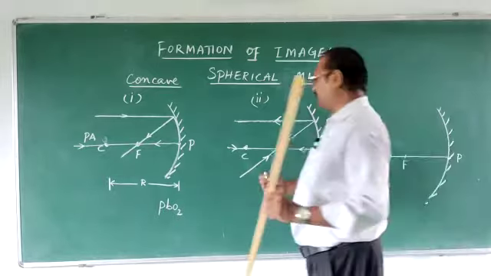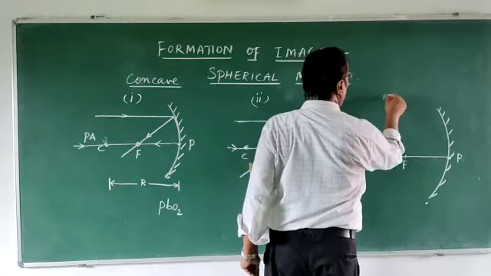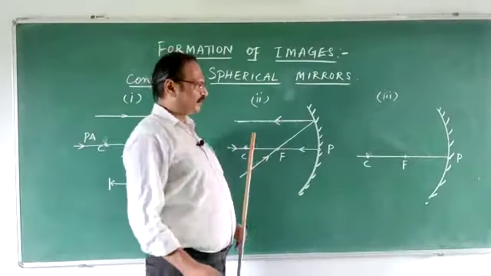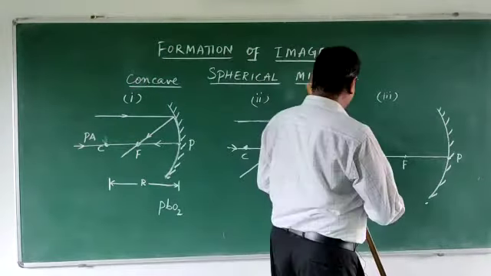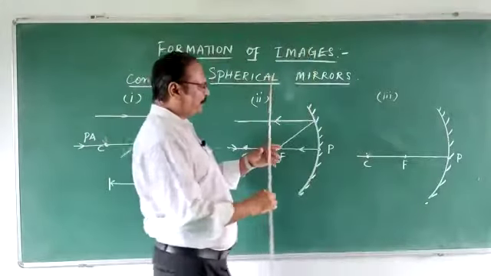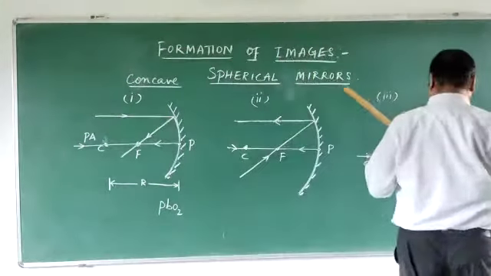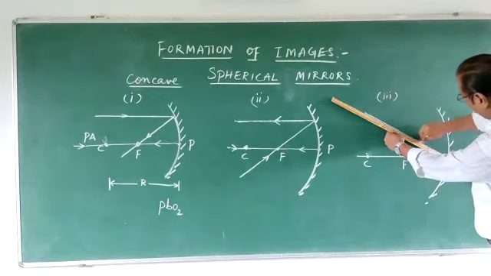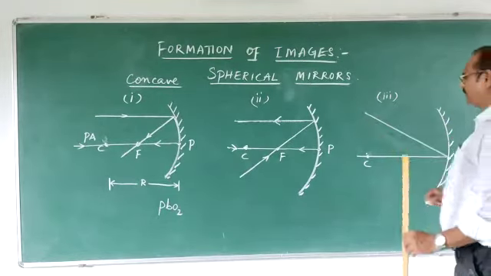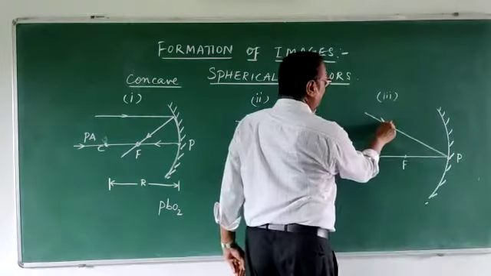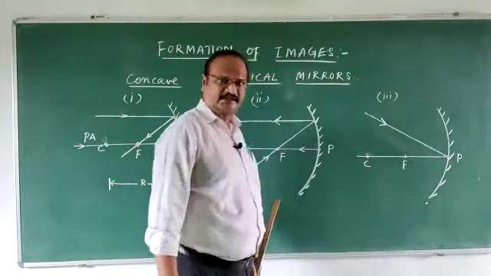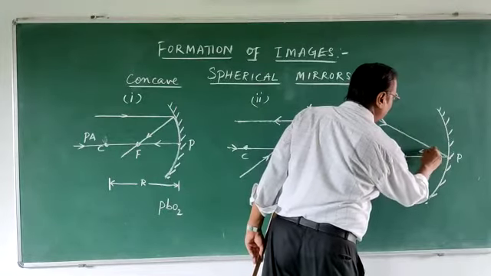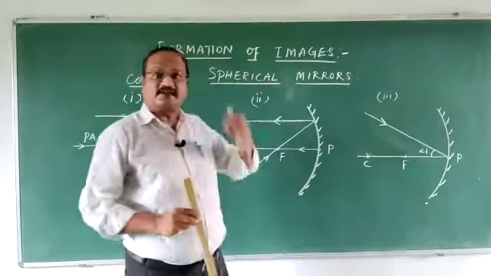Now, we take the third type of ray in order to form images in spherical mirrors. What is that ray? Suppose a ray comes and is incident obliquely at an angle and hits the pole of the mirror. This angle is the angle of incidence. How do you define the angle of incidence?